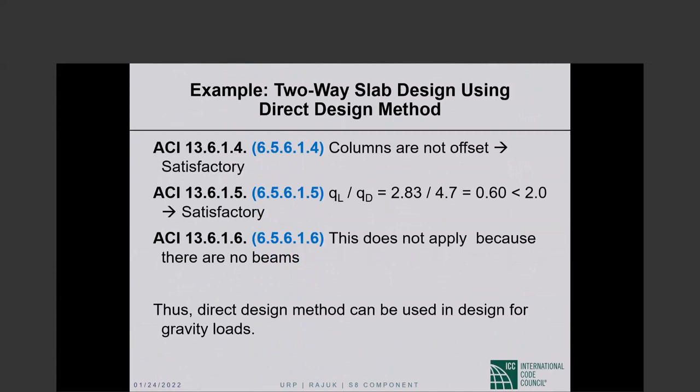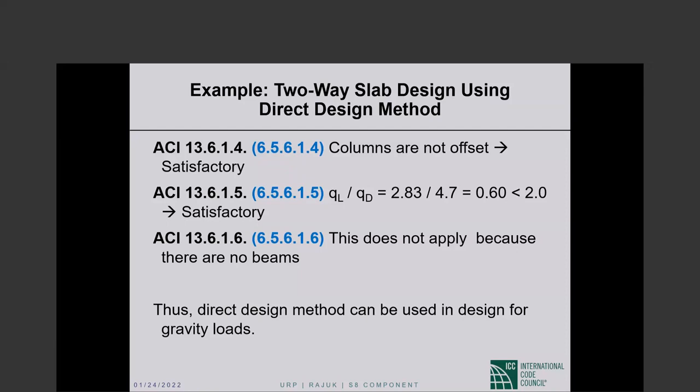Live load to dead load ratio cannot be any more than 2. Our live to dead load ratio is 0.6. So this is pretty typical of concrete. Unless it is a warehouse or something like that, we will not approach that number of 2.